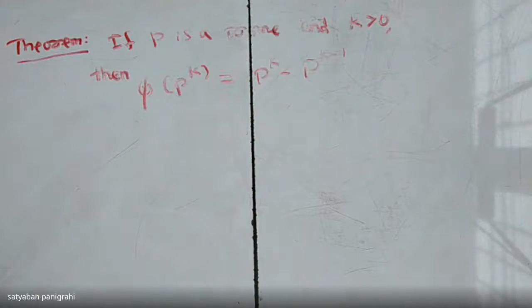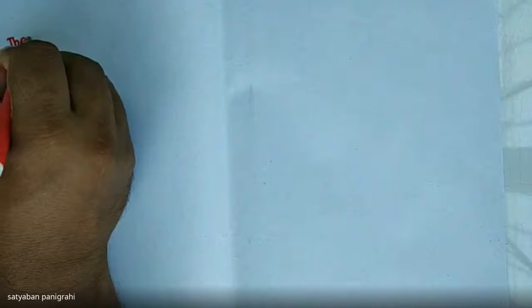That means this theorem states, okay, not visible clearly. So we have one theorem.